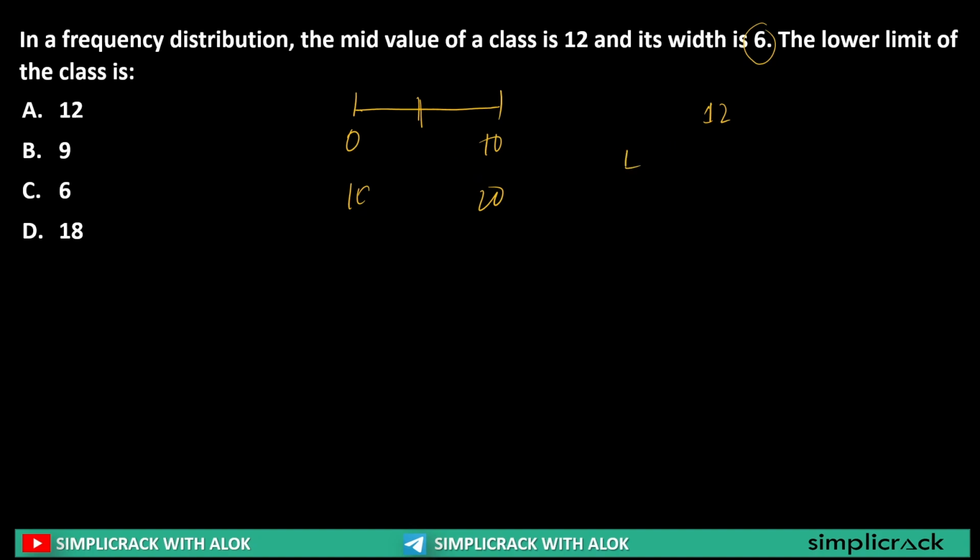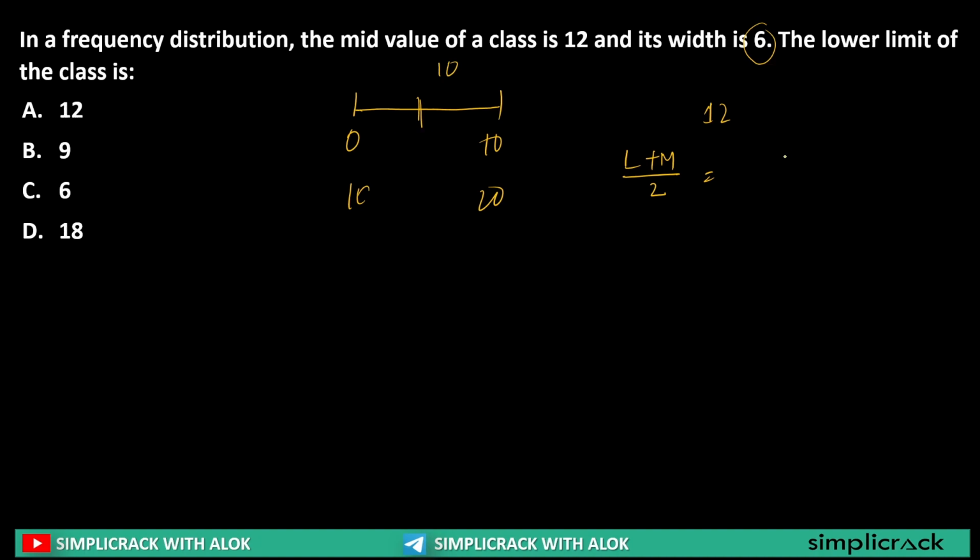How do we find out the mid value? Lower plus middle by 2, right? Lower plus middle by 2. Or we can say, for an example, lower is 0 and middle is 10 and the width will be 10, right?